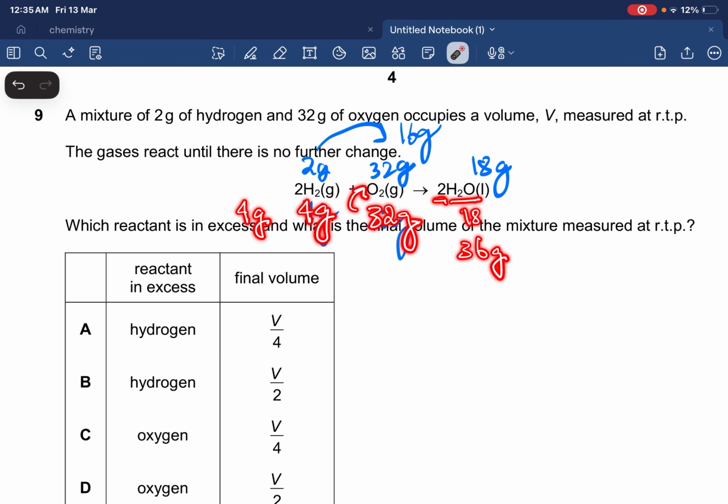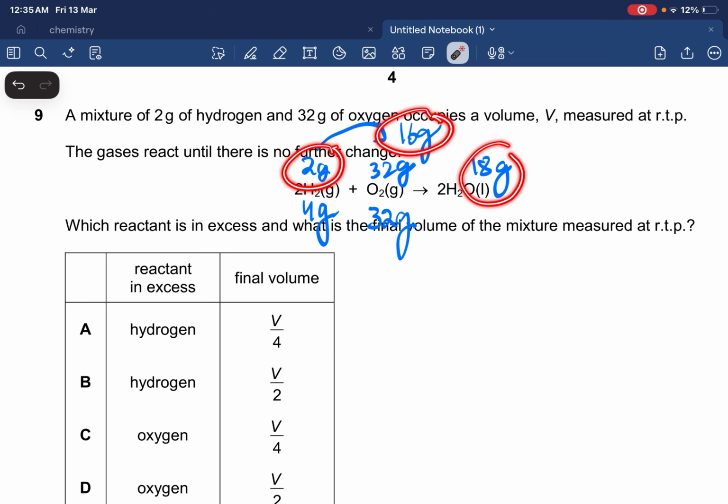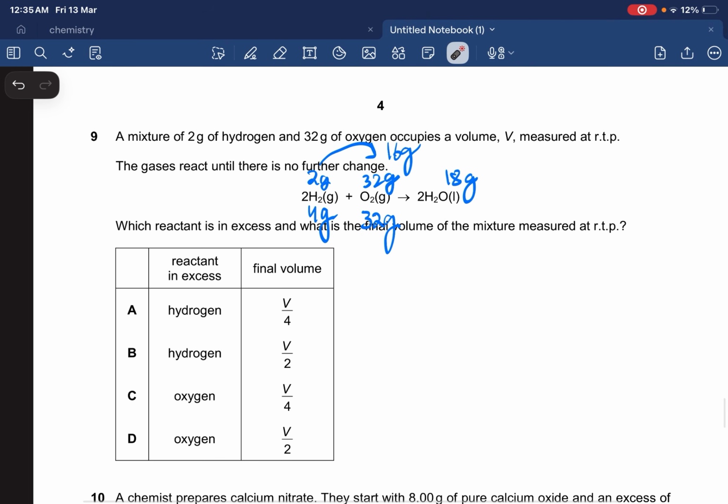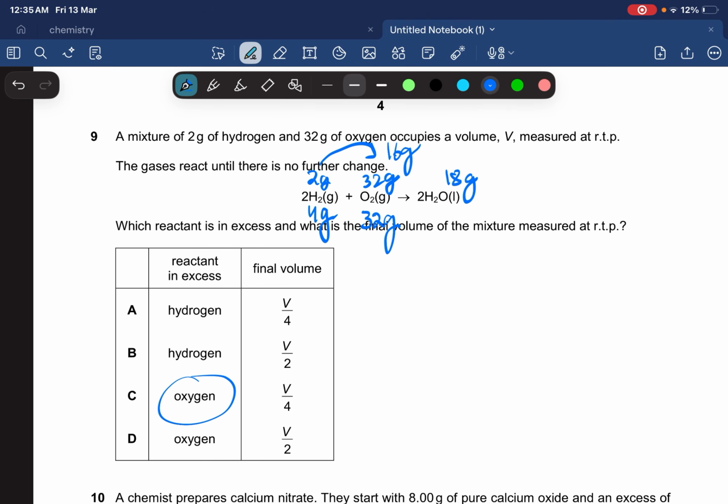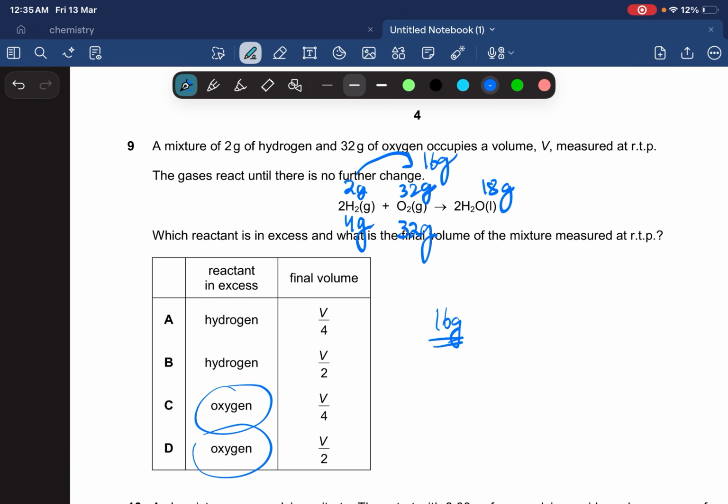So that's the perfect equation. But over here, unfortunately, we have 2 grams of this, 32 grams of this. So if we halve this, we have to halve the entire equation. So 2 grams is going to react with 16 grams and form 18 grams. So the reactant that's in excess is oxygen, because 16 grams of oxygen is in excess. We're not using all 32, we're only using 16.